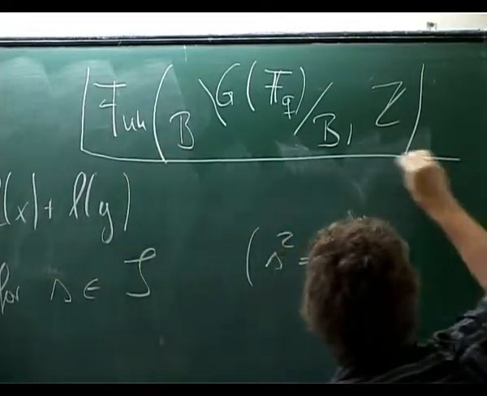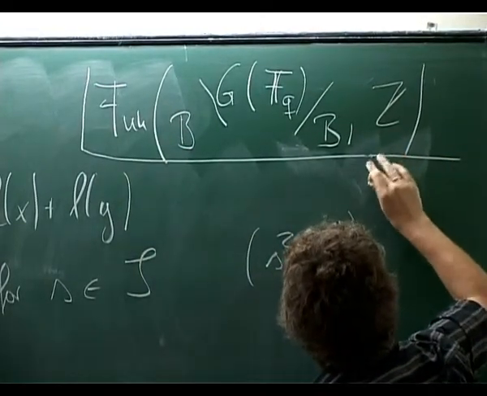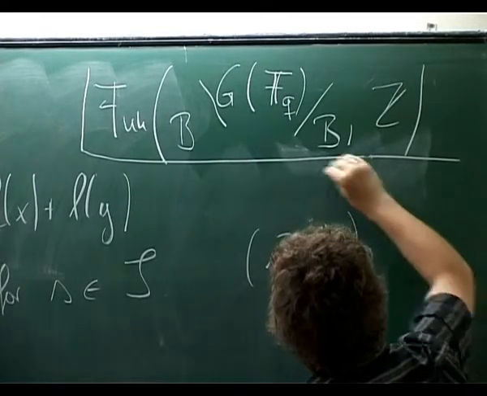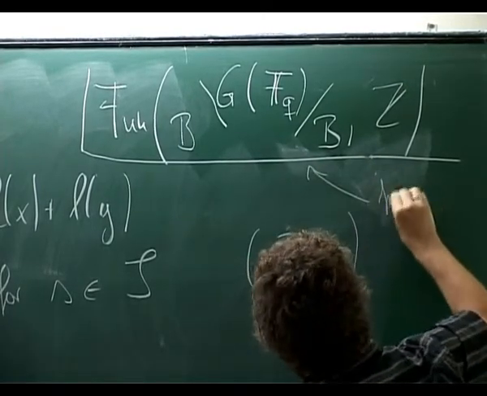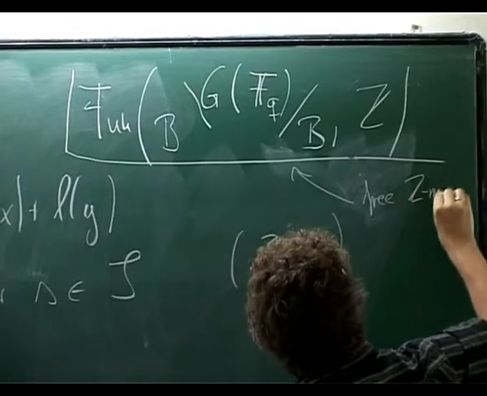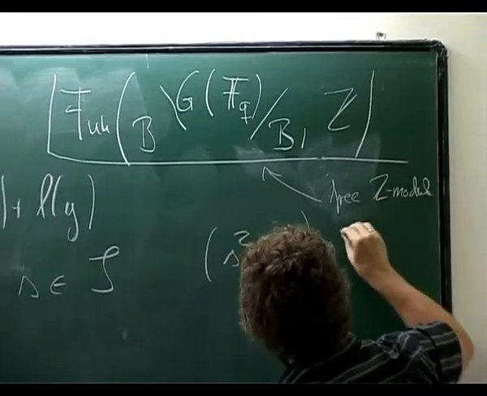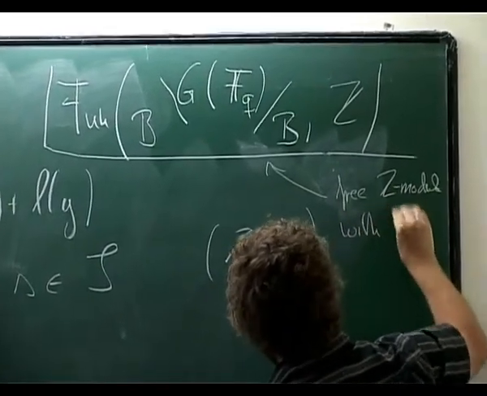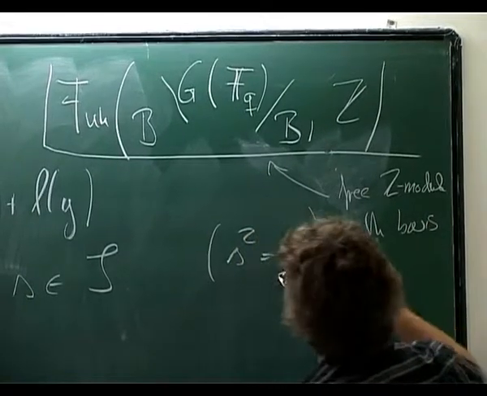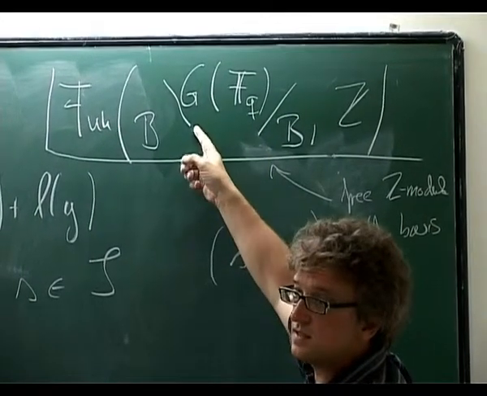Functions on this space form a free Z-module with basis, well, the delta functions on this set, this is a discrete set.